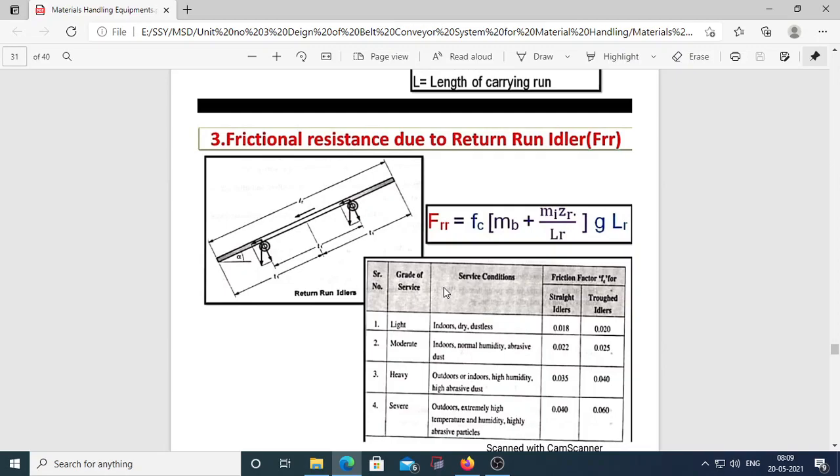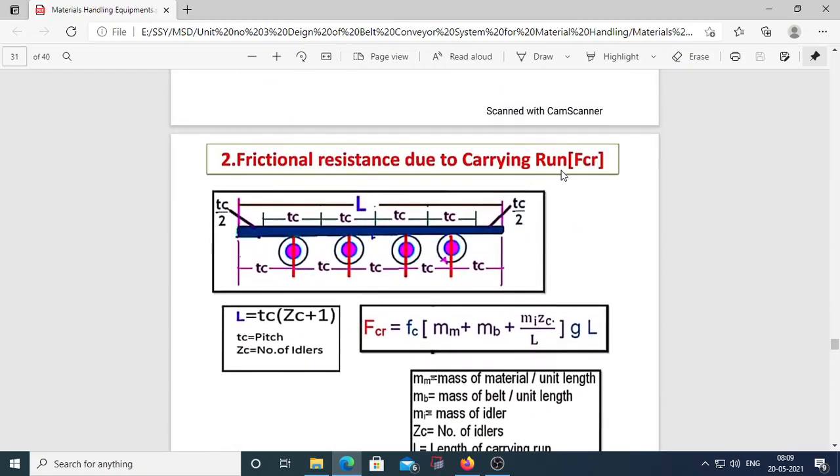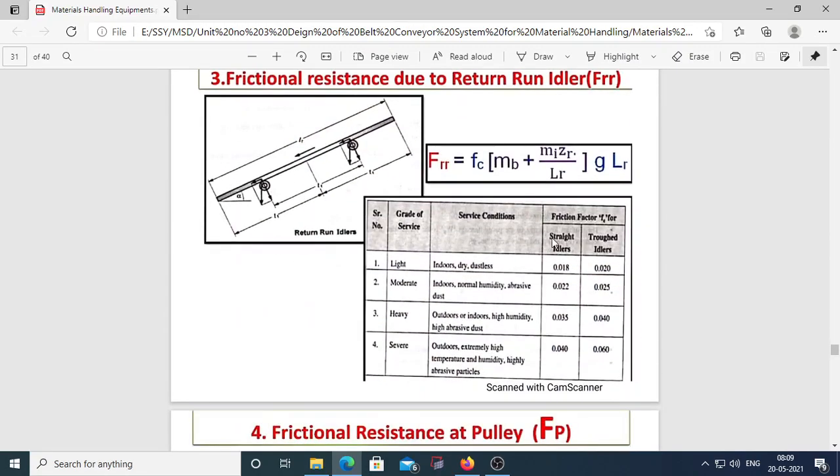Next, the frictional resistance due to the return run idler. We have seen it for the carrying run idler. For the return run idler, this frictional resistance is denoted by FRR. Guys, tell me, is there any material on the conveyor when the belt is going on the return? No, right?